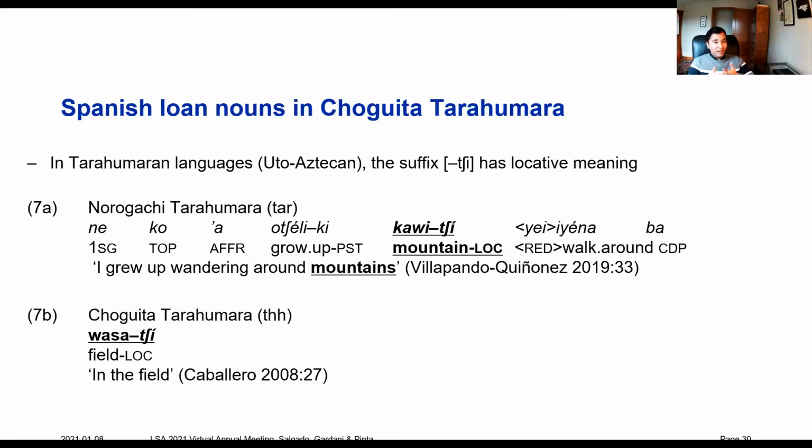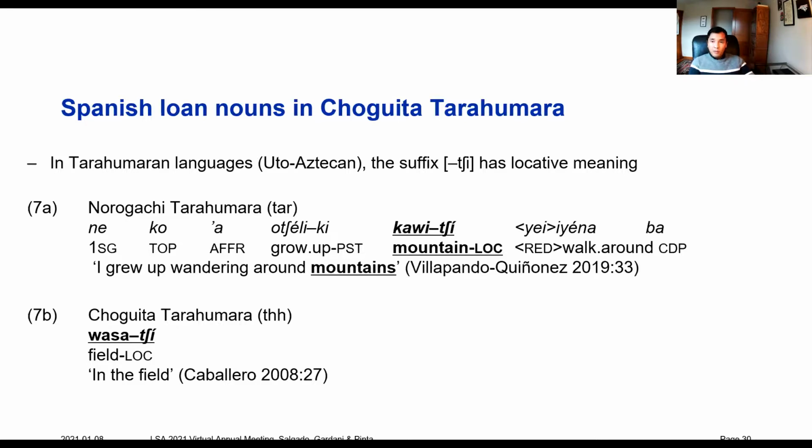So this is Spanish loan nouns in Choquita Tarahumara, this variety of Tarahumara. Tarahumara languages are a branch of the Uto-Aztecan language family, spoken in northern Mexico. And in this variety, the suffix chi has locative meaning. For example, the first example from this variety, Norogachi Tarahumara, we see that the noun kawi with the locative has a locative meaning, like mountains as a place, right?